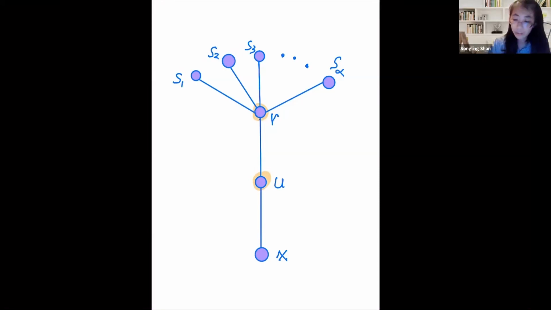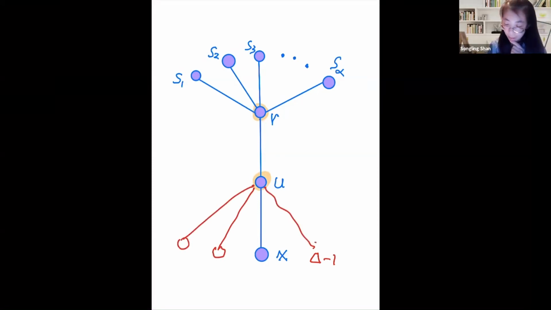So U has a neighbor X of degree delta minus 1 that is not a delta minus 1 neighbor of R. Intuitively, if U has many delta minus 1 neighbors other than those of R, then the deficiency of this graph will be big, and in this case it's easier to get a contradiction. So how are we going to argue that U has many delta minus 1 neighbors outside the neighborhood of R?